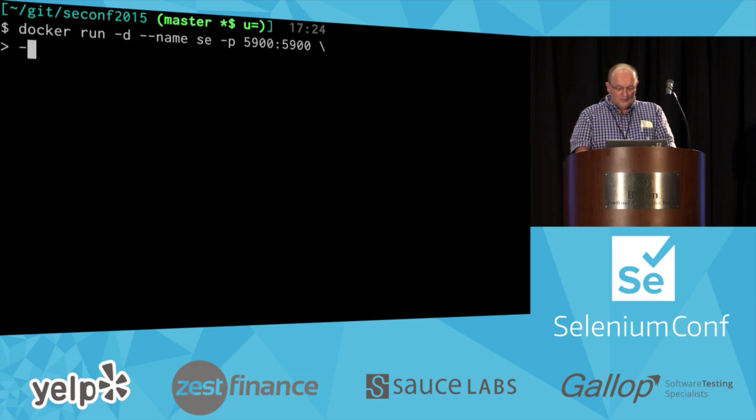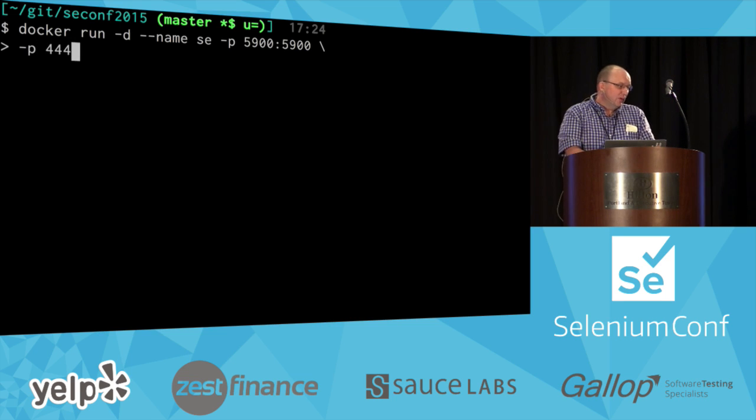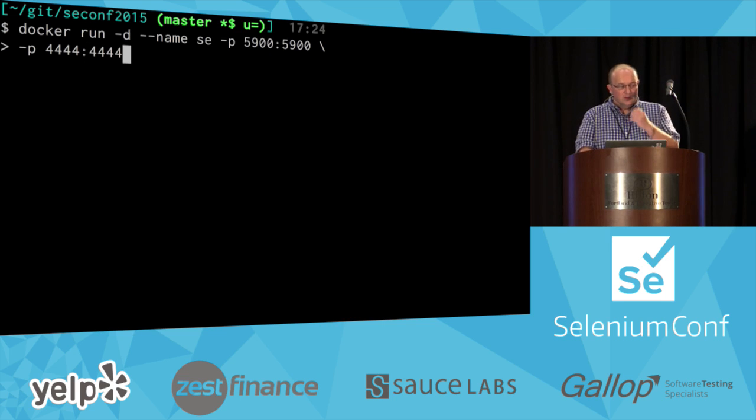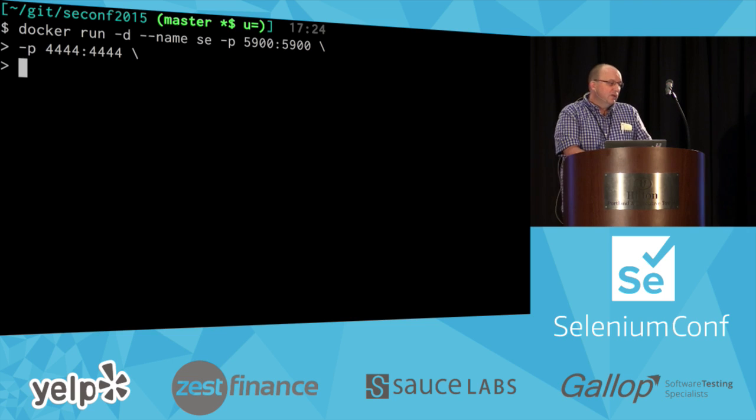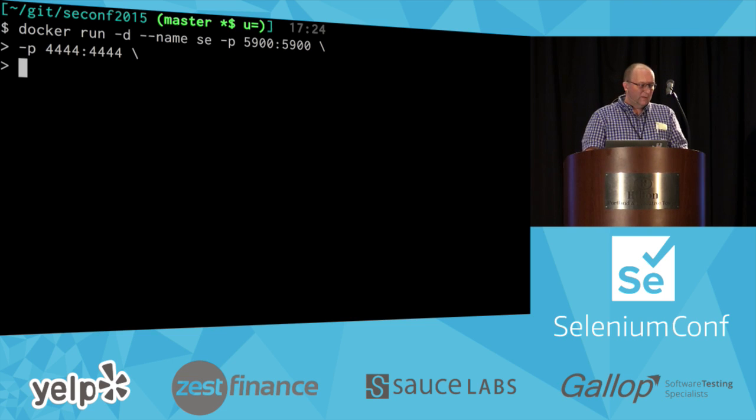And this is a continuation character, and we need port 4444 exposed and published to the host so that we can run the Selenium Grid standalone. And we're going to run Selenium Firefox debug.